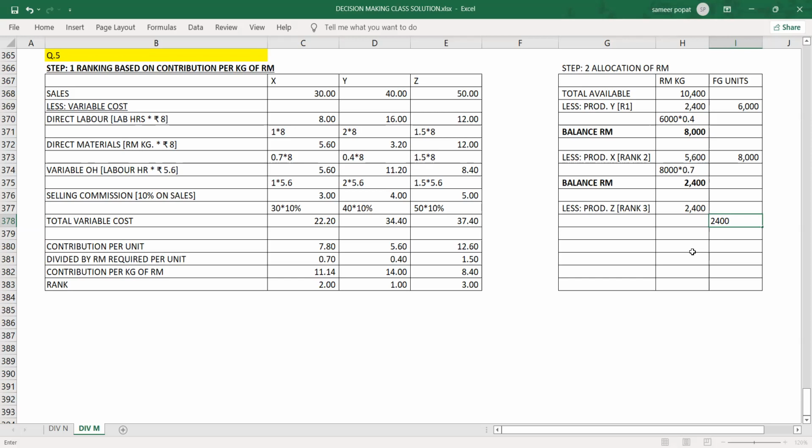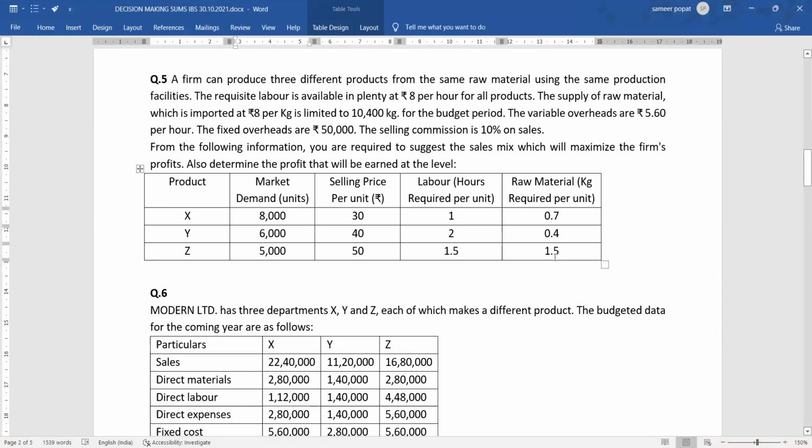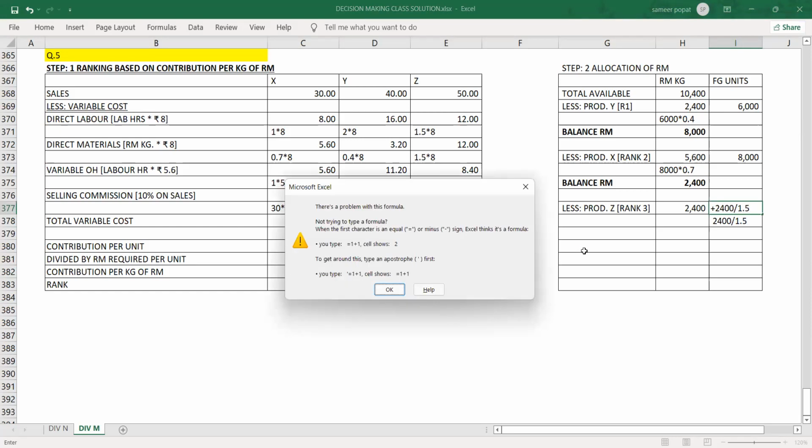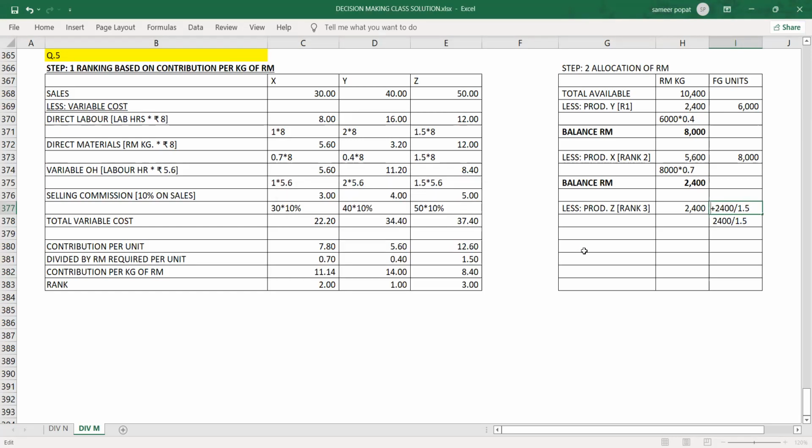So 2,400 kgs is available. Each unit requires 1.5 kg. So we can manufacture 2,400 divided by 1.5. That is 1,600 units we can manufacture. Now balance that would be remaining would be 0.